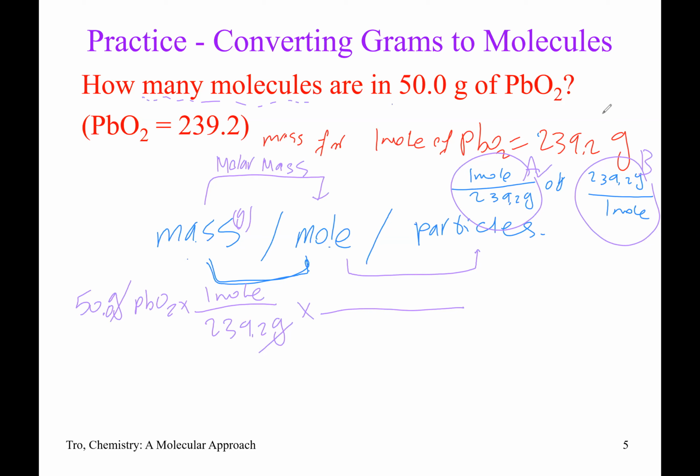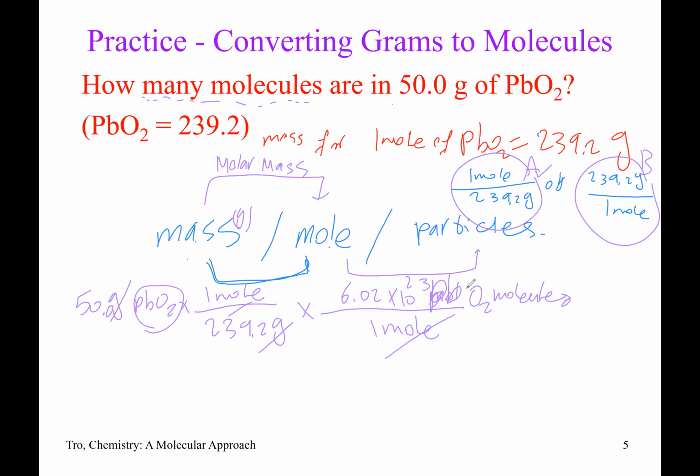So if you have the moles and you want to go to number of molecules, we have to write down the conversion factor in a way that the mole is canceled. 1 mole equals 6.02 times 10 to the 23 particles. And in this case, because we are dealing with PbO2, it is going to be PbO2 molecules.